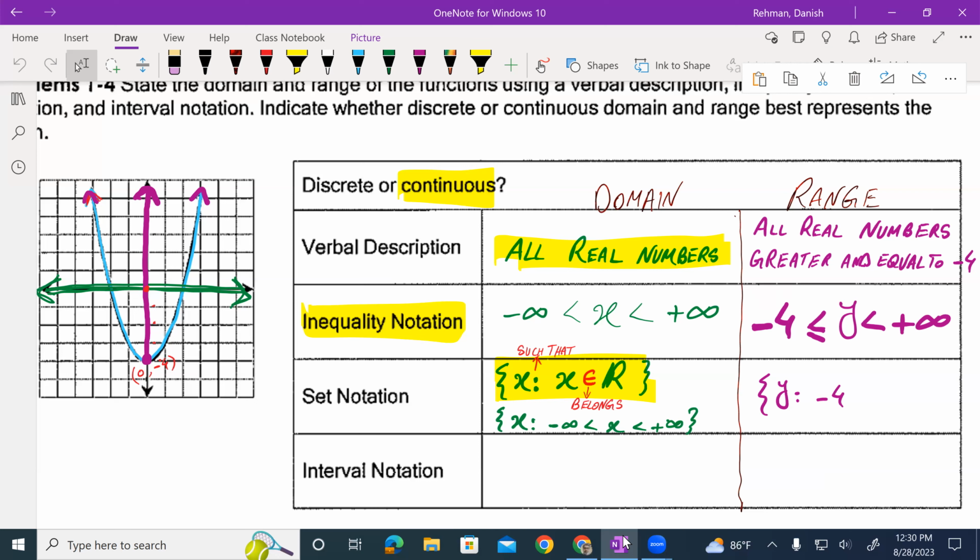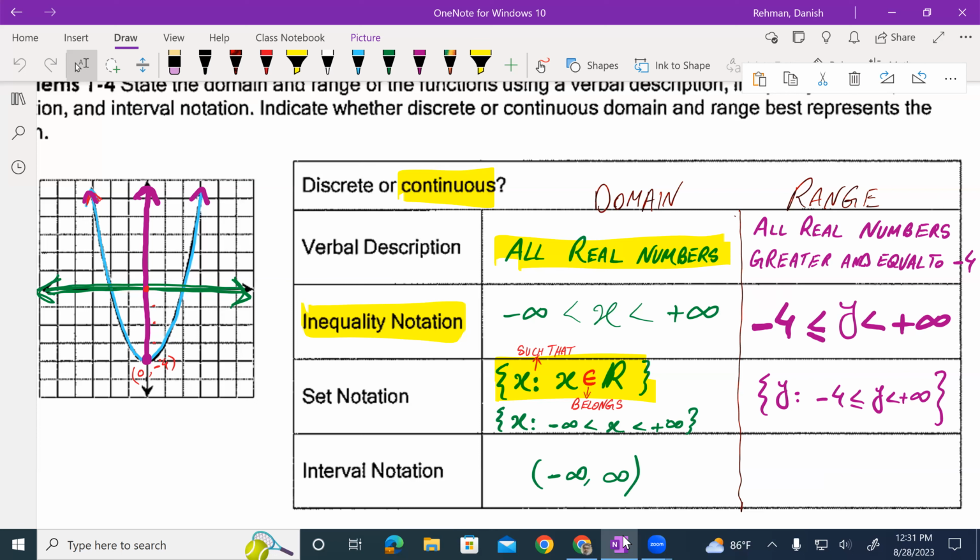Three notations done. The fourth notation: I told you, in the interval notation we use only two types of brackets, parentheses or square brackets. For the first one, because it's from negative infinity to positive infinity, I write it here from negative infinity to positive infinity.